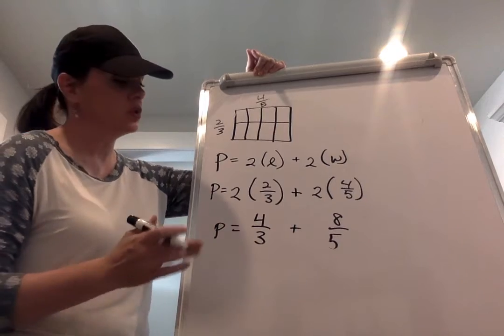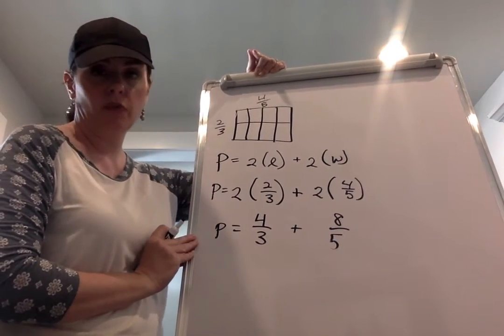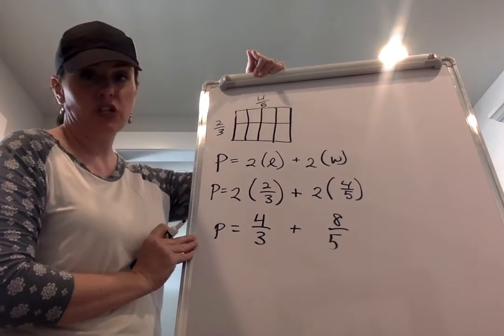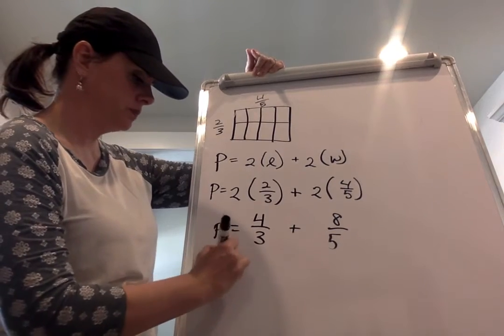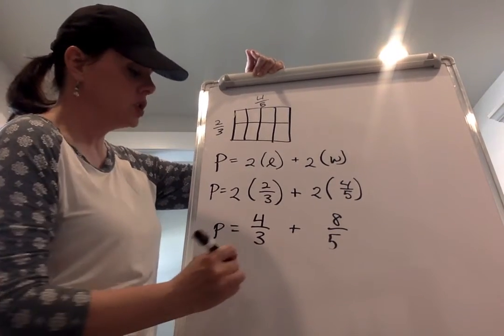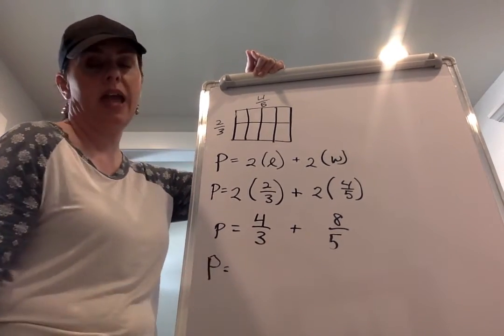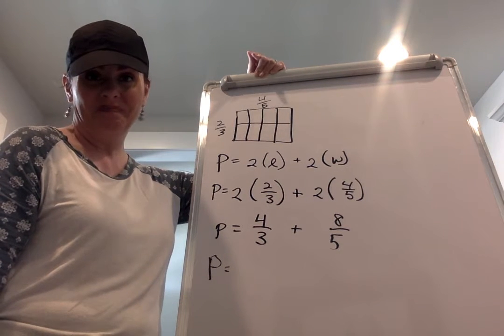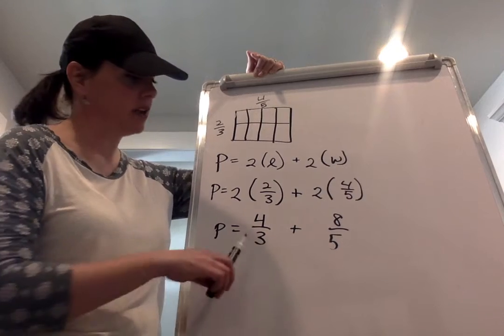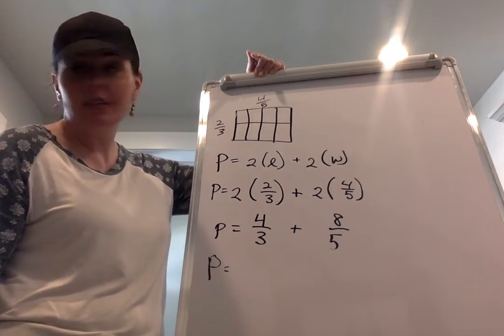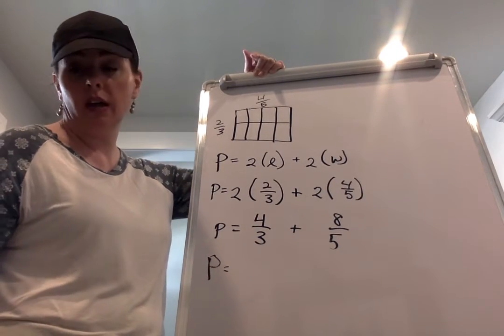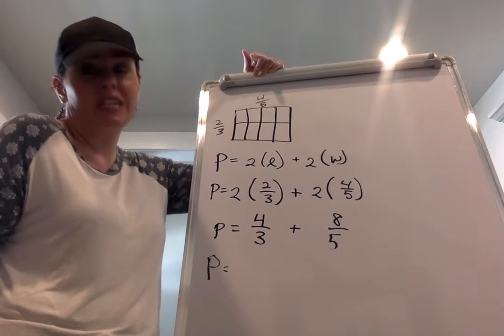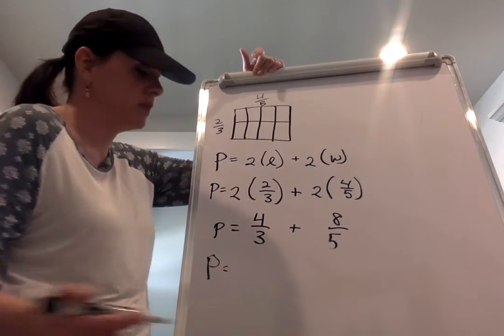Okay, so now we're back to an addition problem for fractions to finish off our perimeter here. Okay, so we have 4/3 plus 8/5. What should be our common denominator? That's the same as last time, right? Because we had a 3 and a 5 last time. And if you were looking at our big picture, there's 15 squares, so it makes sense for it to be 15 anyway.